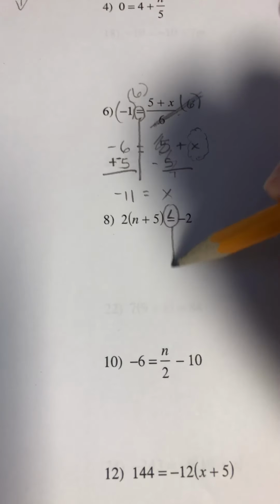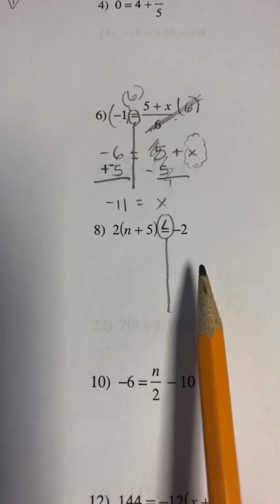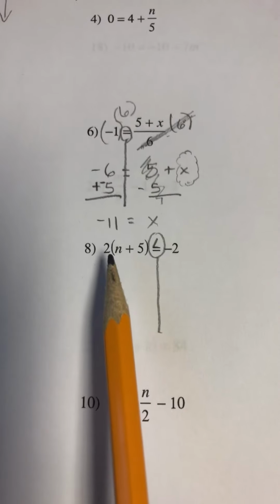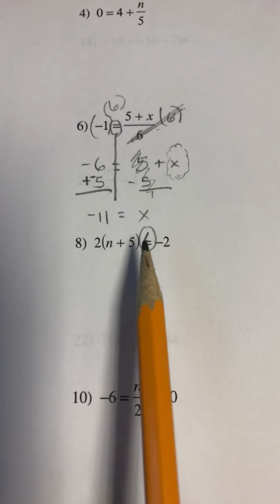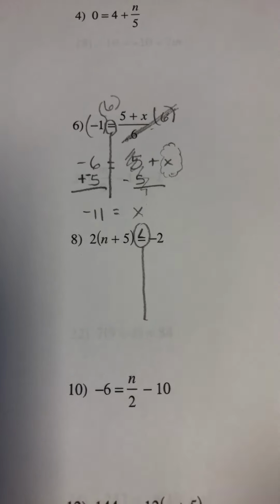Okay, I'm still going to do the same process as before. Whatever I do to one side, I'm going to make sure I do to the other side. Now, you've got a couple of options here. You could distribute that 2 to the inside of the parentheses if you want to. Or you could go ahead and get rid of this, because when we see this distributive property, that implies that you're multiplying by 2.